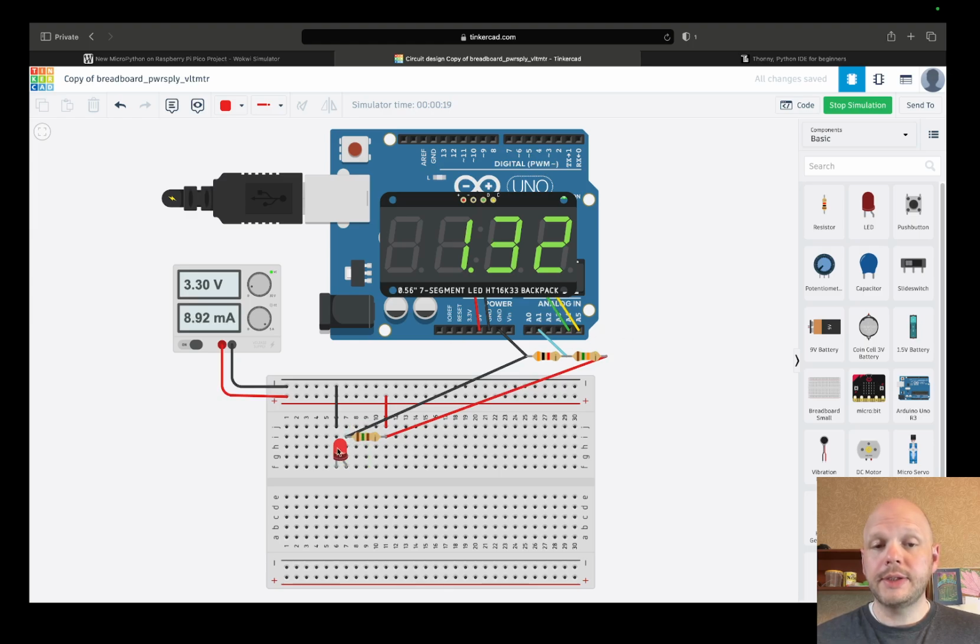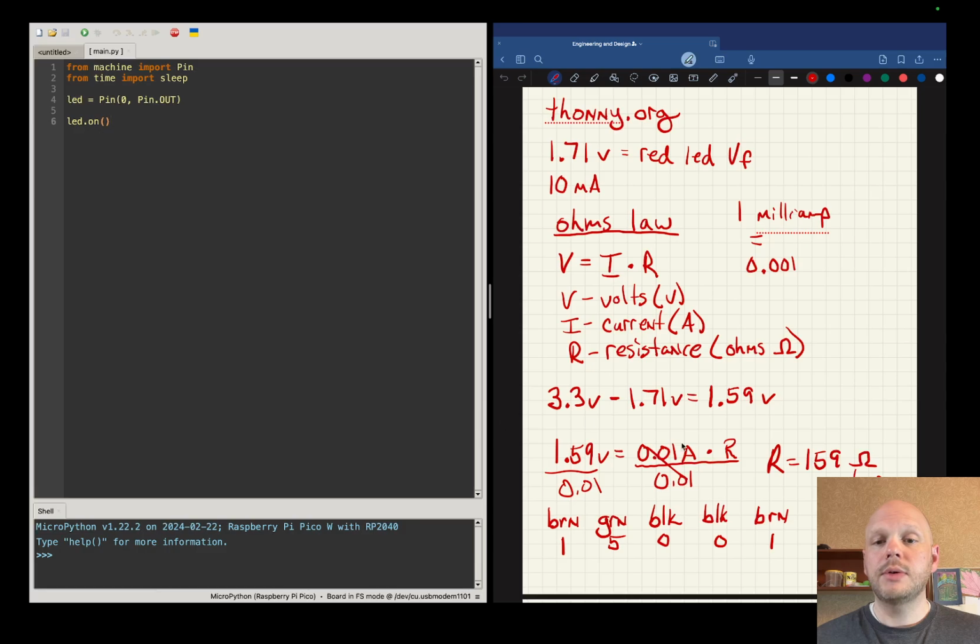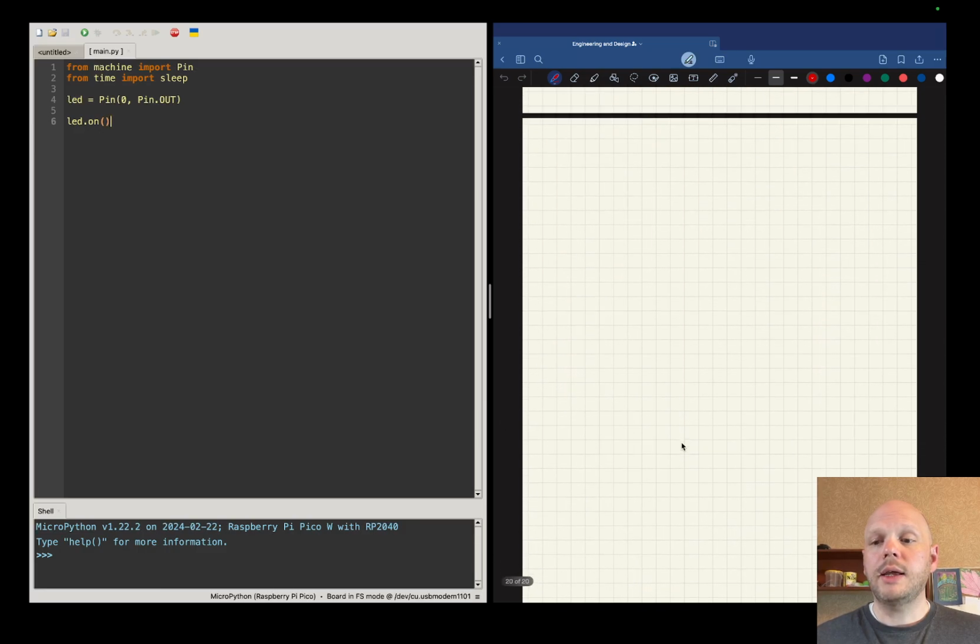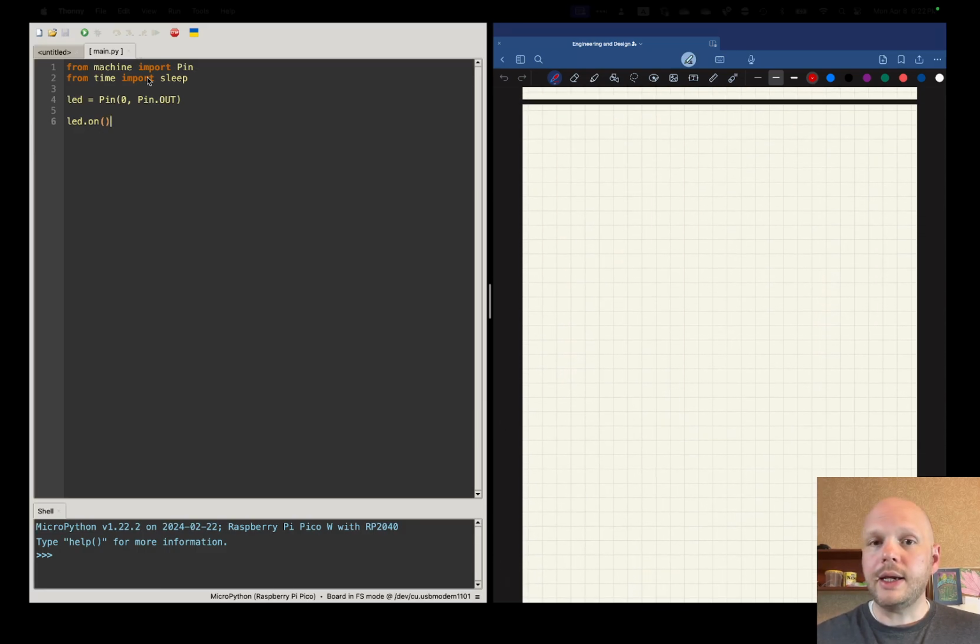So considering what this LED might be, we've got 1.32 volts being dropped across this resistor. So I'm just going to go ahead and write that down. 1.32 volts for our resistor.